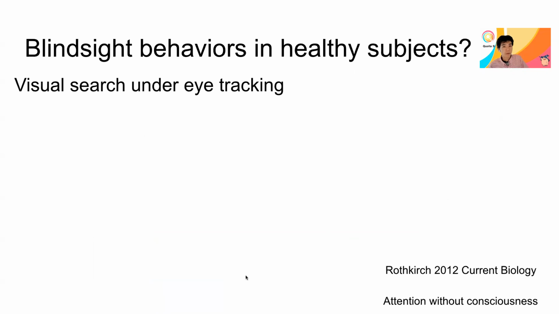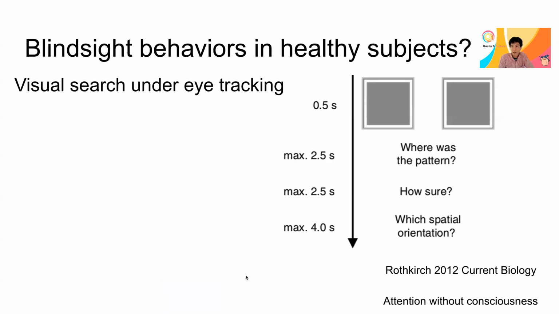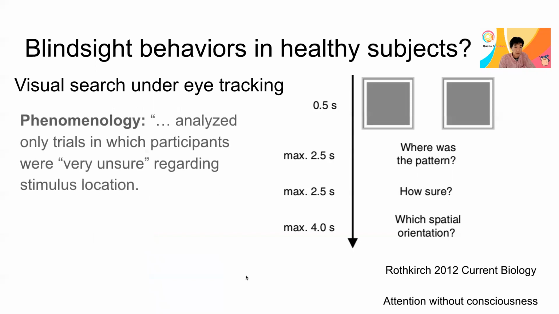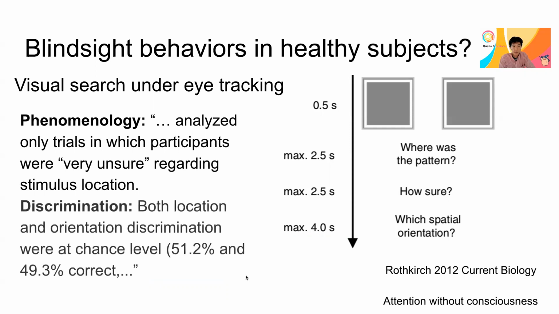So what happened? First, phenomenology. They analyzed only trials in which participants were very unsure regarding the stimulus location. Both location and orientation discrimination, in terms of verbal report or button press, were at chance level.